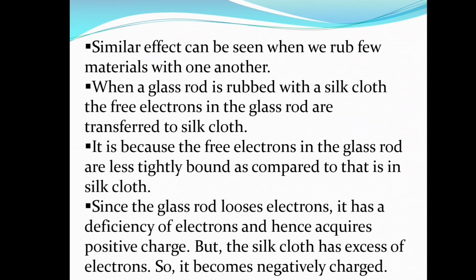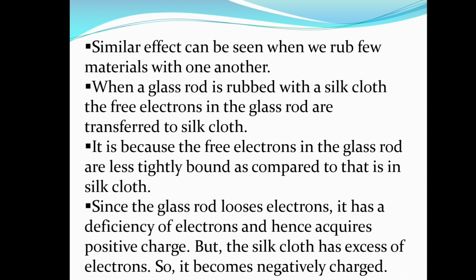So what are the materials that we are taking? We are taking a glass rod and a silk cloth. The glass rod is rubbed with the silk cloth. When a glass rod is rubbed with a silk cloth, the electrons in the glass rod are transferred to the silk cloth, because the free electrons in the glass rod are less tightly bound as compared to the silk cloth.